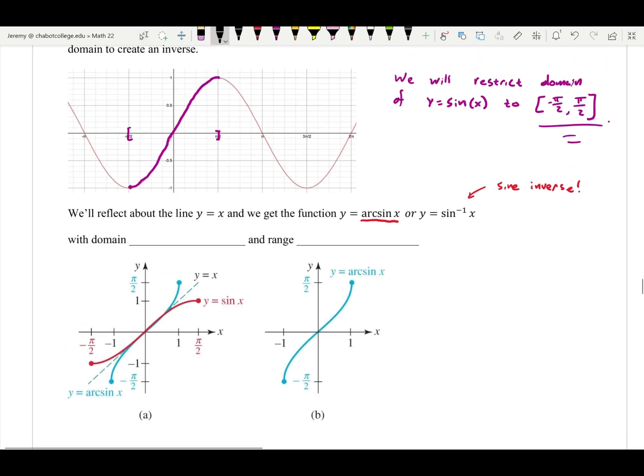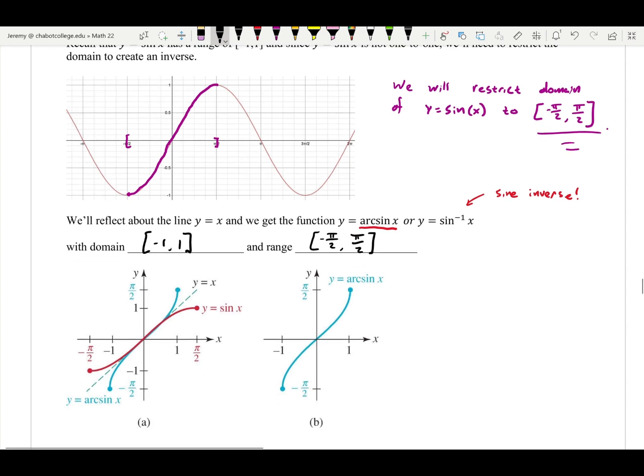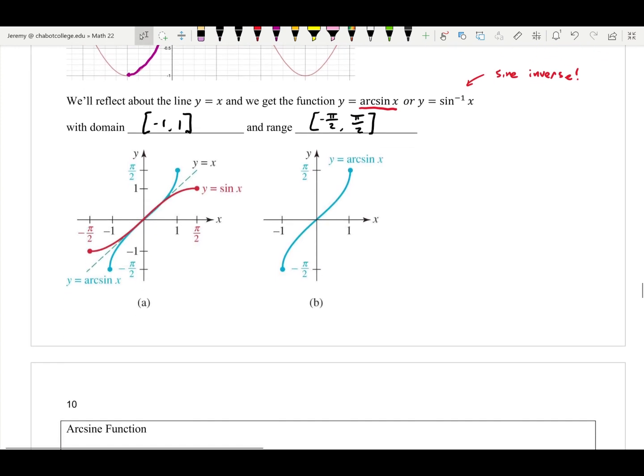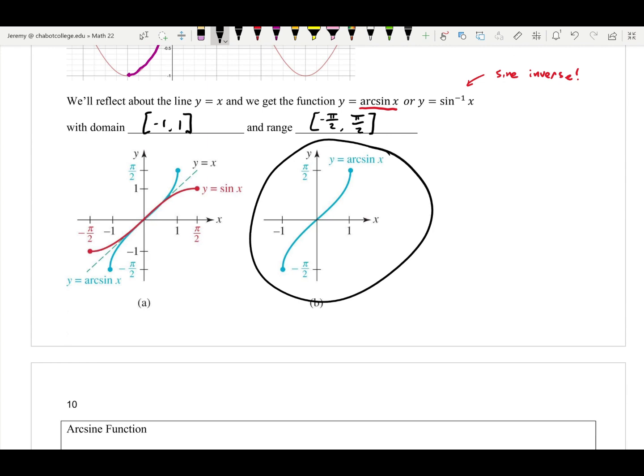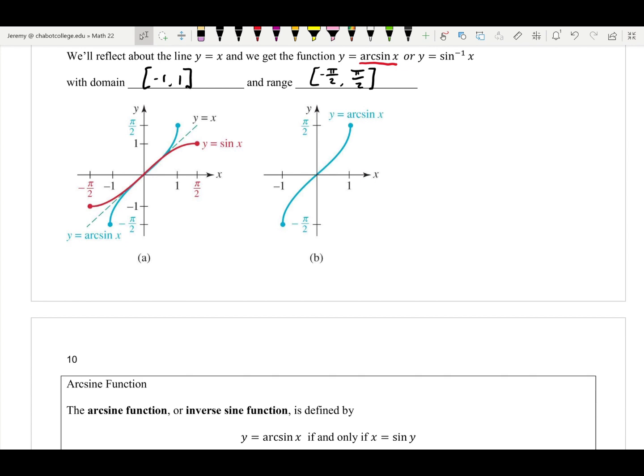And the inverse function is going to have a domain of -1 to 1, because remember, the domain of the inverse will be the range of the original function, sine of x, and the range is going to be negative pi over 2 to pi over 2, which is that restricted domain of the sine function. All right, and we do that reflection and we get this graph right here. So this is what arc sine of x, or sine inverse of x, is going to look like.